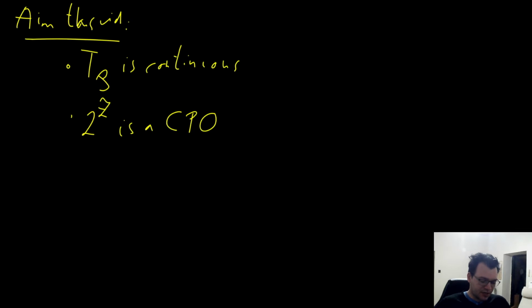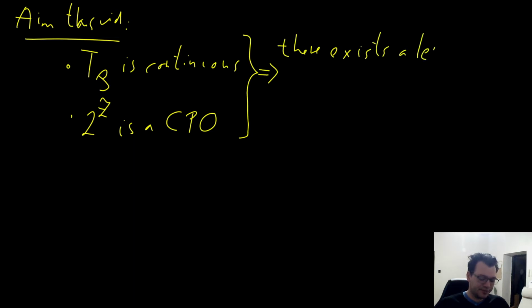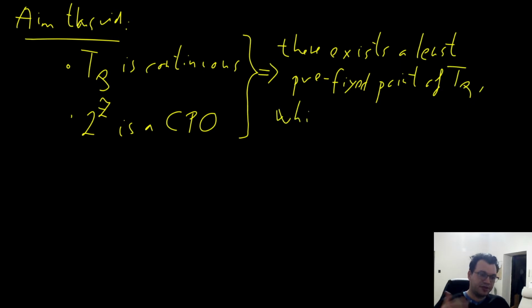Why? Because from these two things, applying the Tarski Fixed Point Theorem, we can deduce that there exists a least prefixed point, which happens to be also a fixed point, of TP, which can be computed by iterating the TP function from the constant zero assignment and then just taking the limit, the supremum of this iteration sequence, which is the TP function applied n times on the constant zero assignment.